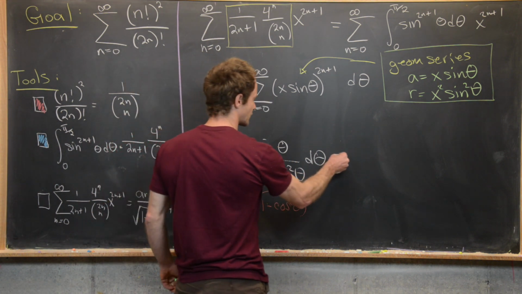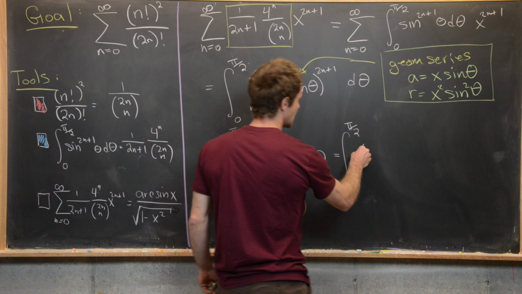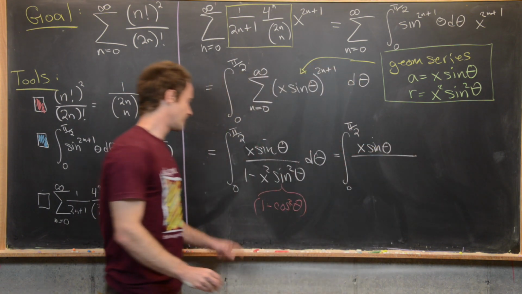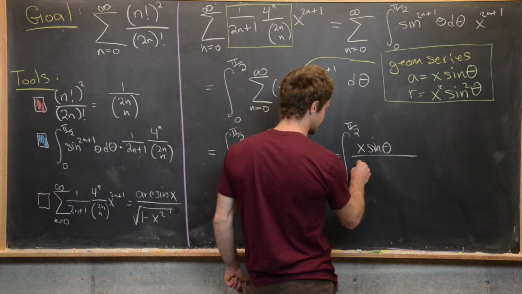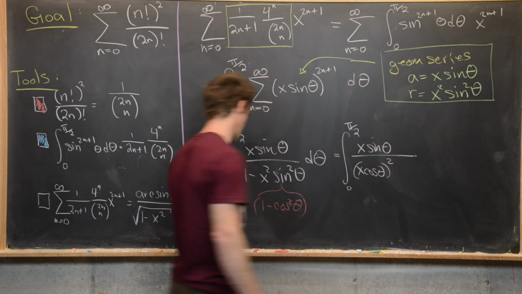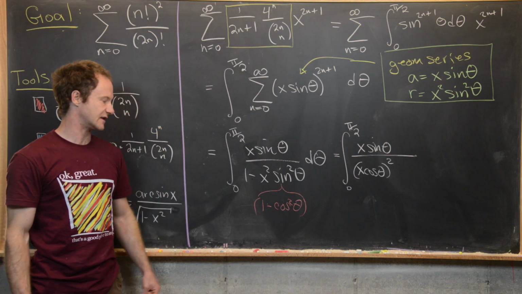So now notice we can rewrite this as the integral from 0 to pi halves of, I'm going to go ahead and call this x sine theta over, so now notice I will have positive x squared times cosine squared. So I'm going to write that as x times cosine theta quantity squared. I get that from taking this negative x and distributing it to this negative cos.